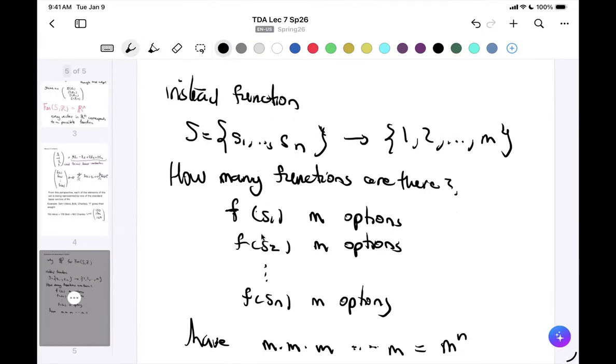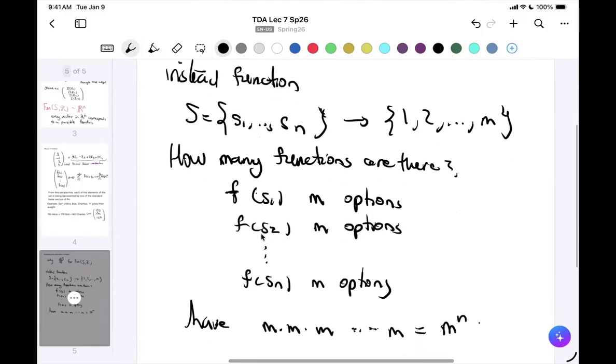But it's kind of like an exponent notation, right? Like a power. So it's n to the cardinality. The number of elements of a set is called its cardinality. So if you notice here, it gives you n to the cardinality of that set.